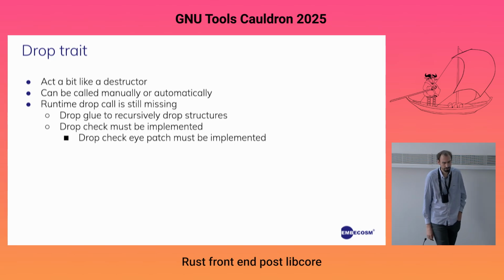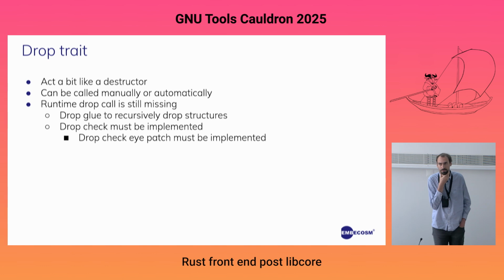Another thing that should be implemented is the drop check. Basically, in Rust, the drop traits rely on the borrow checker, because the borrow checker must ensure that all references to some value are dead before dropping the value.